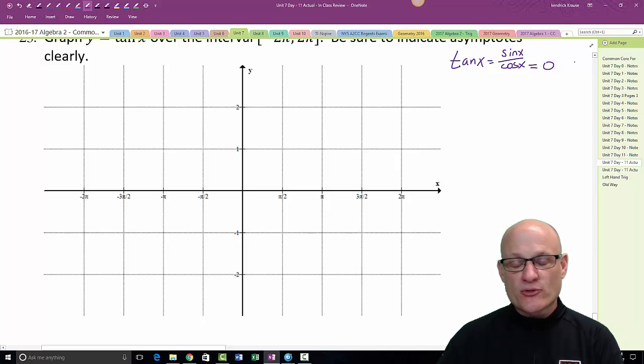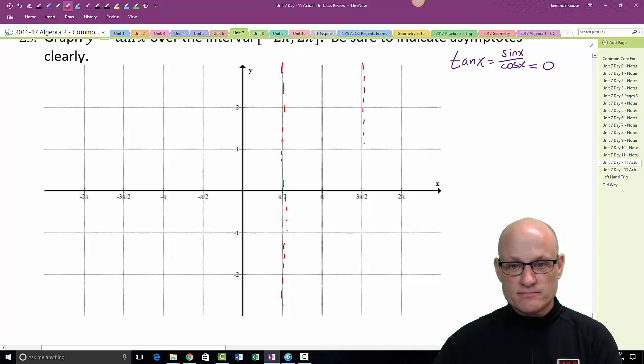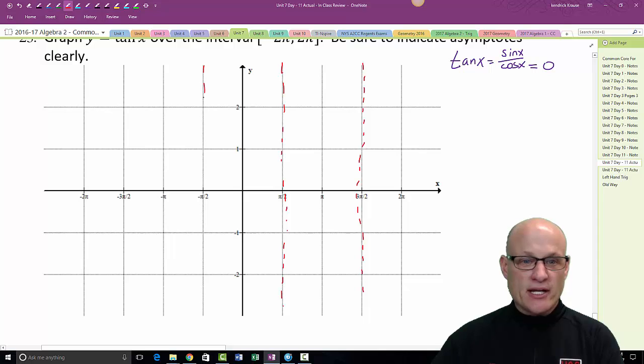Well, if you don't remember when cosine equals 0, start trying values. But if you remember correctly, cosine is equal to 0 at pi over 2, at 90 degrees, and at 270 degrees. It's also at negative pi over 2 and 3 pi over 2.